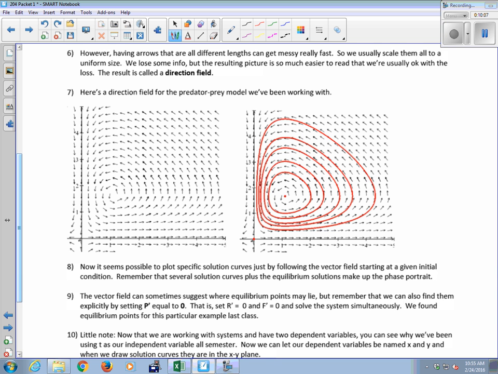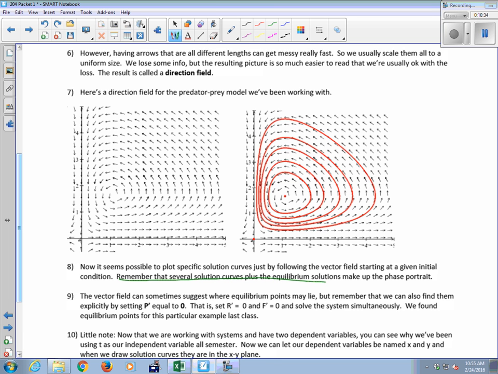All right, so now it seems possible that we could plot specific solution curves just by following the vector field. This is almost exactly what we did using Euler's method, right? Except it's more graphical than numerical. Remember, if you plot several solution curves and the equilibrium points, that's what makes a phase portrait.